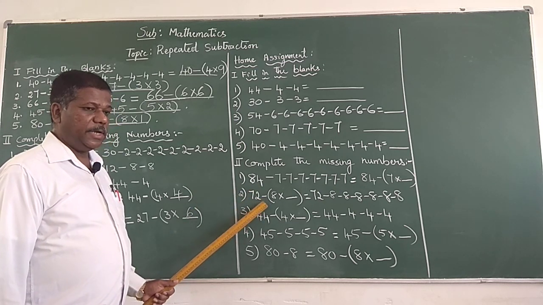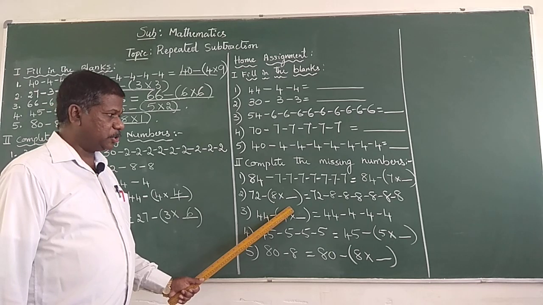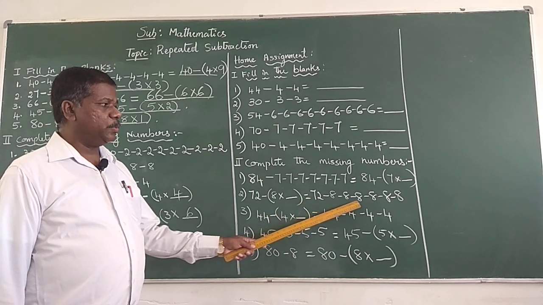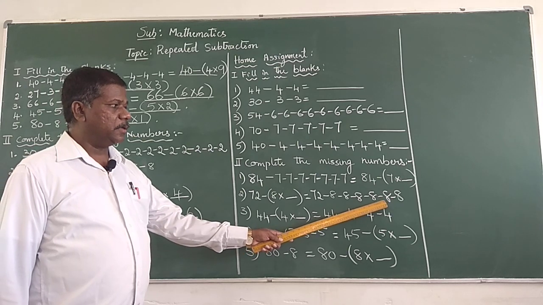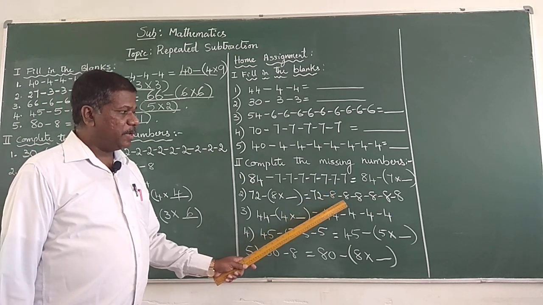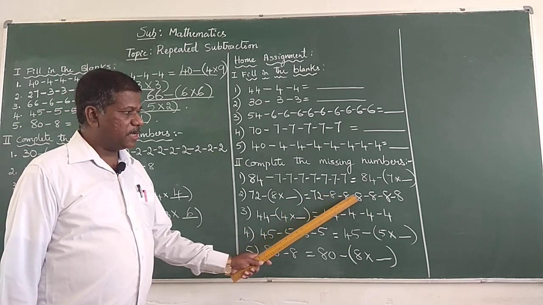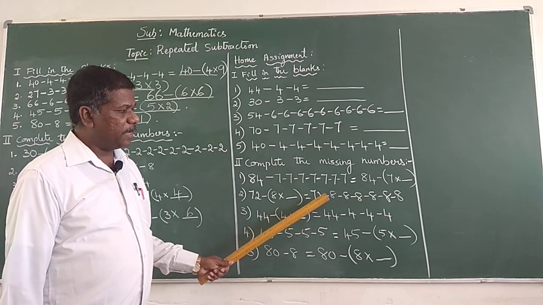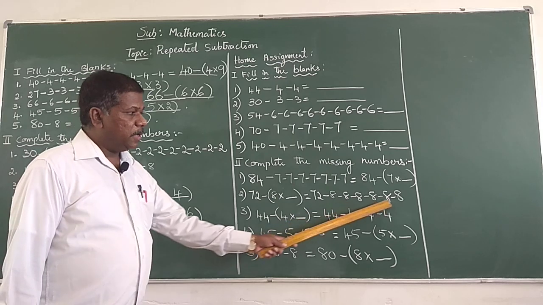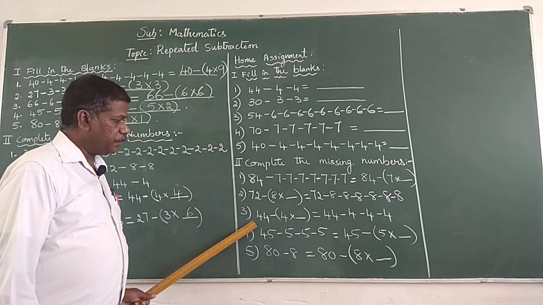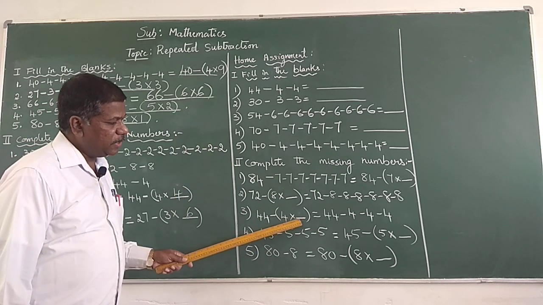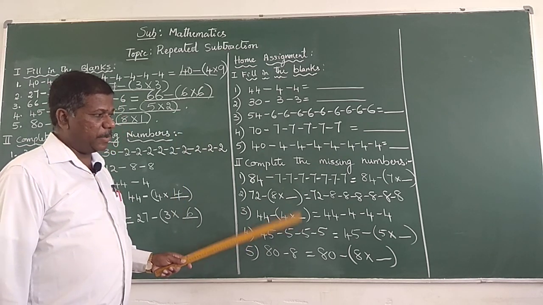72 minus 8 into dash is equal to 72 minus 8 repeated several times. So 72 minus 8. 44 minus 4 into dash. Here you have to fill this with the number.